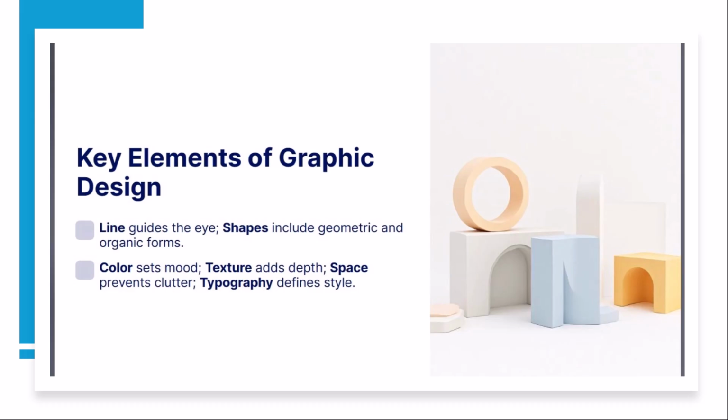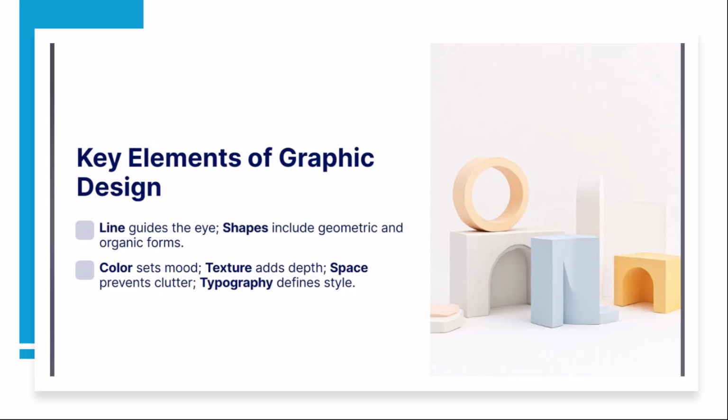Now, after we have shapes, because shapes are two-dimensional in nature, that is, they are plain surfaces, when shapes take a three-dimensional format, it is called forms. All right. So a form is a three-dimensional shape. When a shape has length, breadth, and height, that is a form.